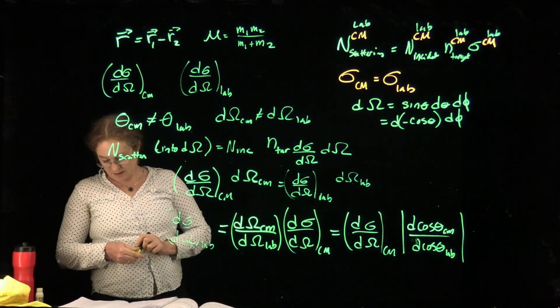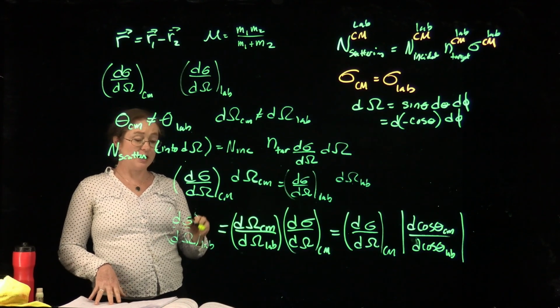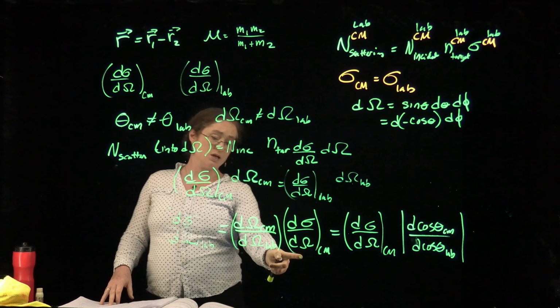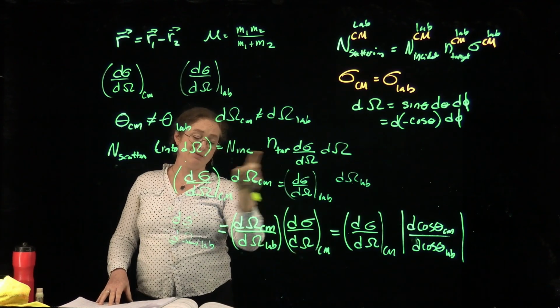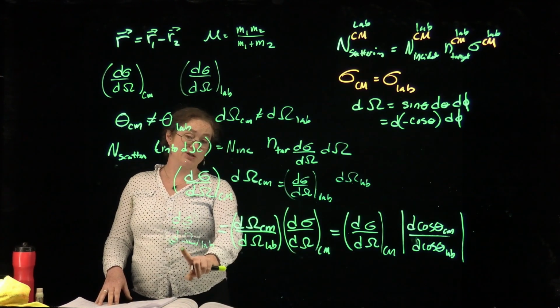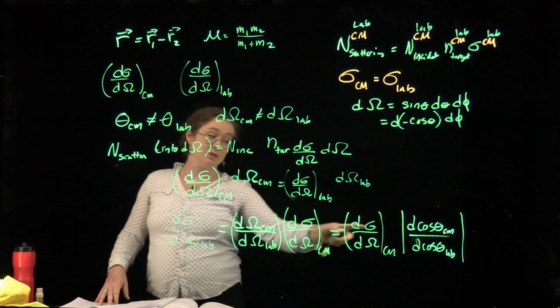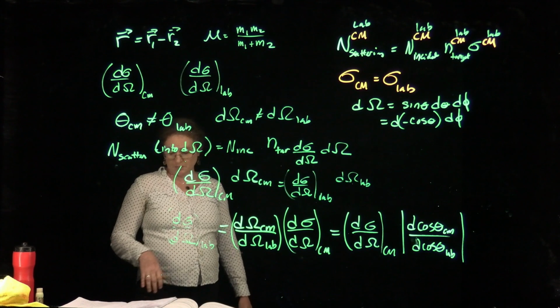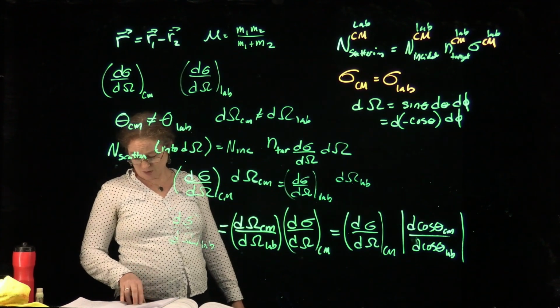So if I have measured, or have a prediction for, the cross-section in the center of mass frame, I can get the cross-section in the lab frame simply by knowing the conversion between the two frames, and vice versa.